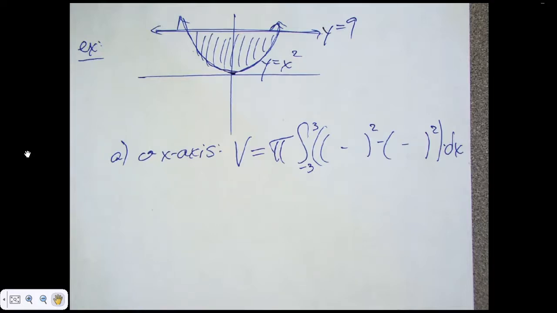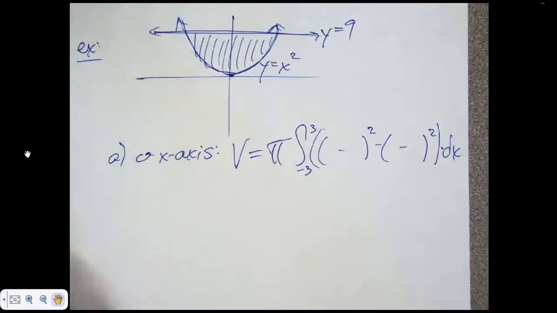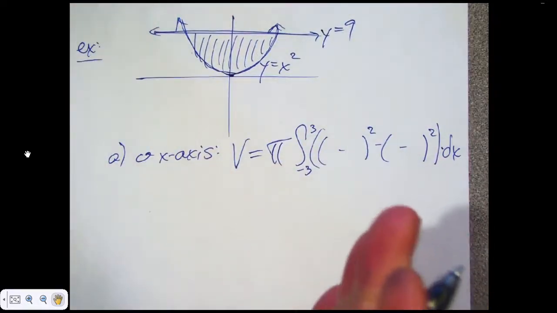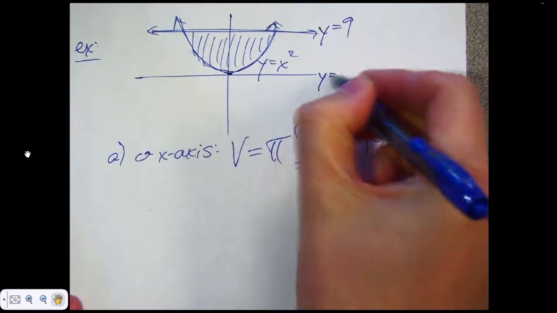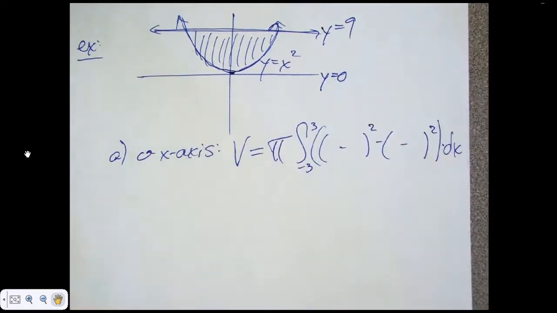So which equation is farther away from the axis of rotation? Y equals 9. Let's back up. What is the axis of rotation? Y equals 0, right? How far away are the outside line and the axis of rotation? 9.